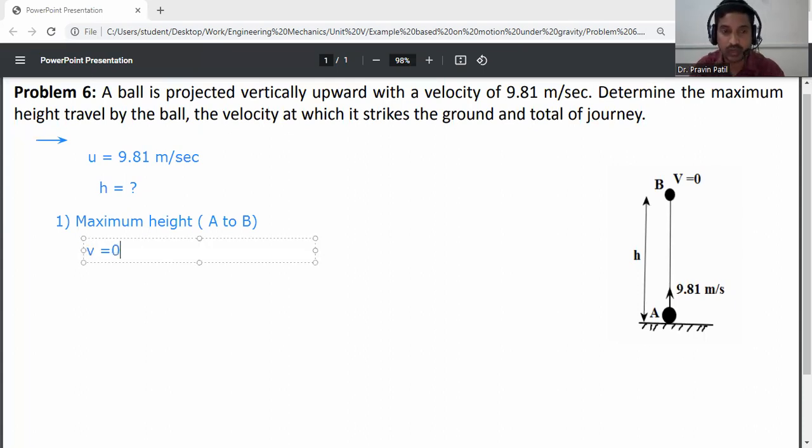So when we throw a stone in the air, first it reaches maximum height. At that time, the final velocity will be 0, which means v is equal to 0.